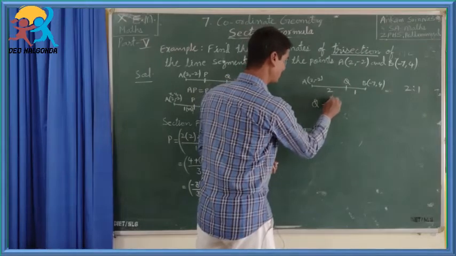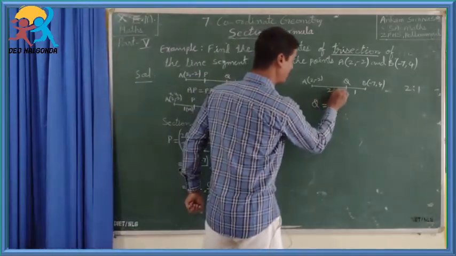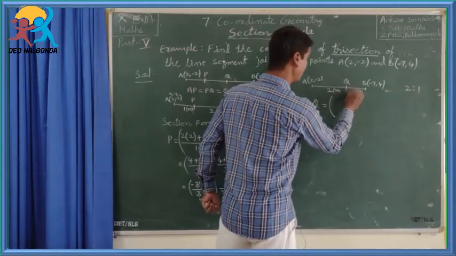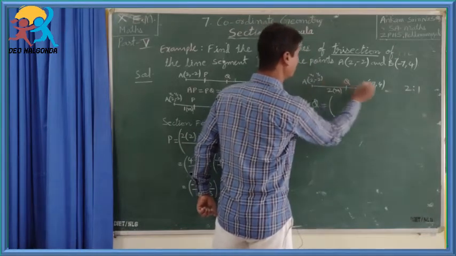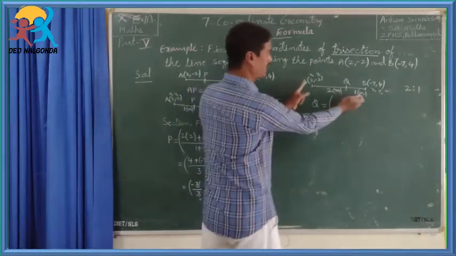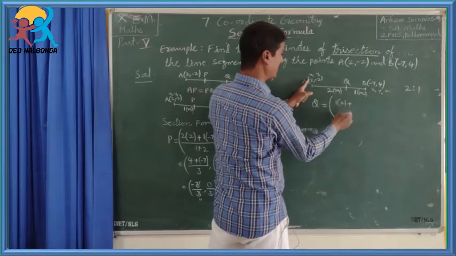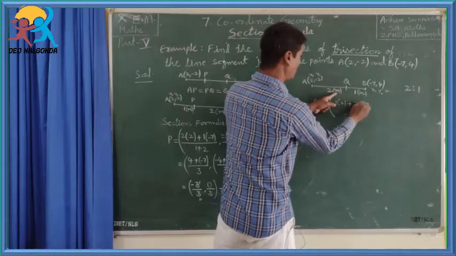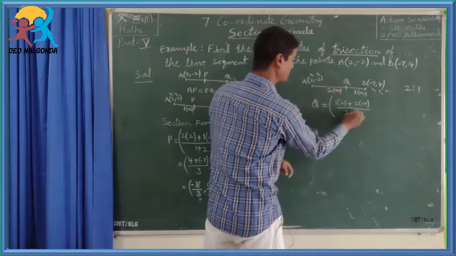Q equals m2 x1, 1 of 2, plus m1 x2, 2 of -7, by 2 plus 1.